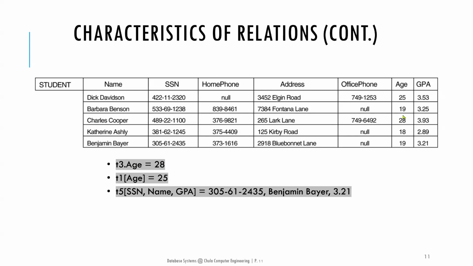That's why you get the result of 28 here. But t1.H would be, t1 is Dick Davidson, and his age is 25. At the same time, you can say I'm looking at t5, and now this is a subtuple. When I'm looking at t5, I want SSN, name, and GPA. That's why you retrieve the data here. This is the SSN, name, and GPA of tuple number 5, which is Benjamin Bear.